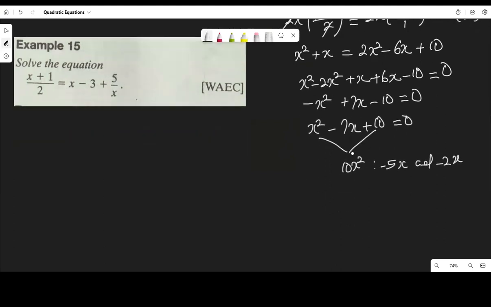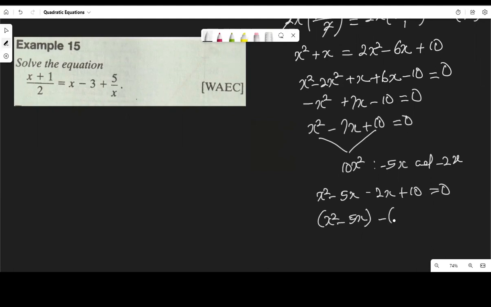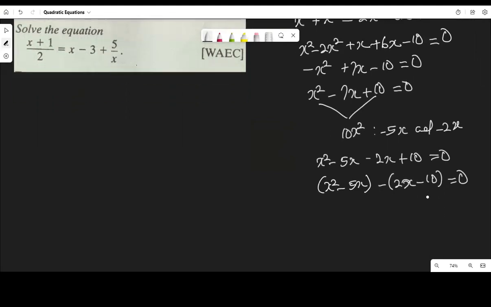So we replace the middle term with these factors, so I have s squared minus 5s minus 2s plus 10 equal to 0. I'll group it 2 by 2: s squared minus 5s, minus 2s plus 10 equal to 0. The plus changes to minus because we introduce brackets.